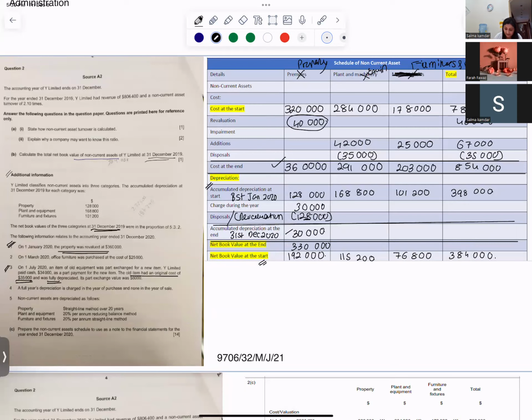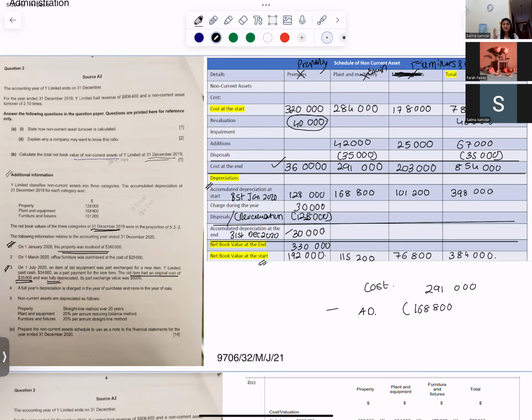What is your cost? 291,000, minus accumulated depreciation of 168,800.